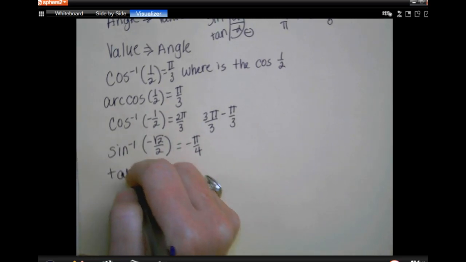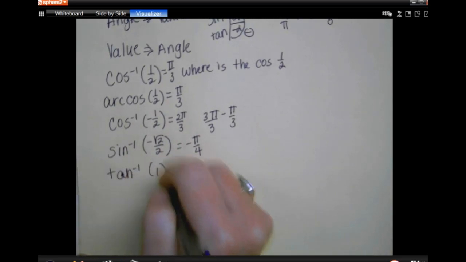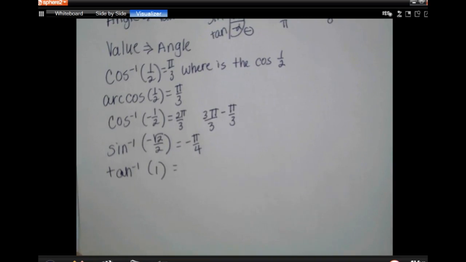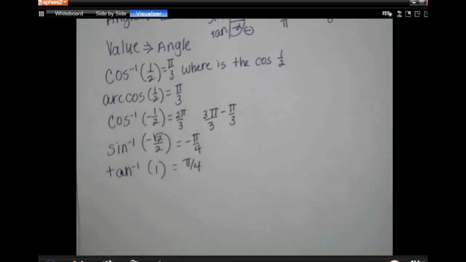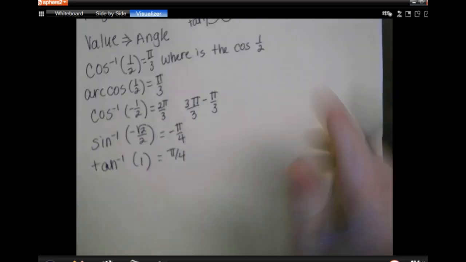Where is the tangent 1? Pi over 4. If I ask for negative 1, it would be negative pi over 4. Is everybody, we're all copacetic? Okay.